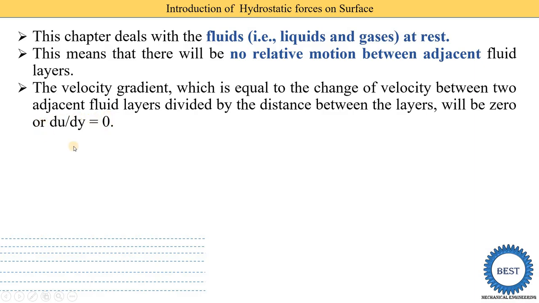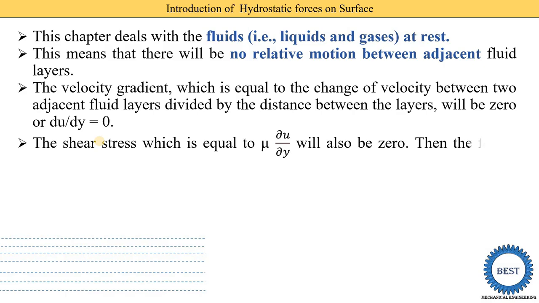That is the equation of the velocity gradient. When the velocity gradient is 0, the shear stress, which is equal to mu du upon dy, will also be 0.